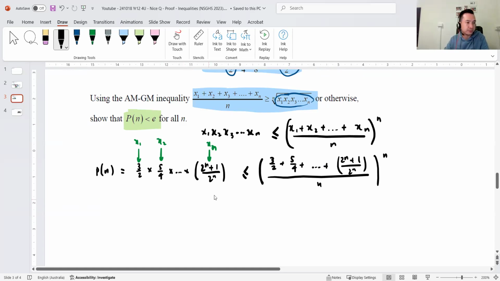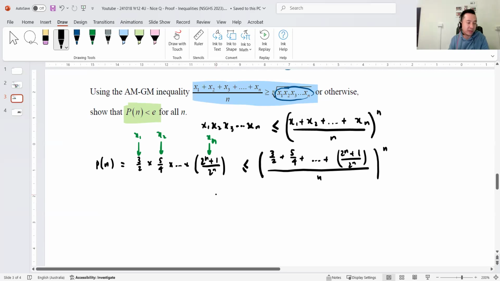All right. Now, once I get that, I am going to simplify this a bit. I'll take out the 1 on n. And then for each one of these, I'm going to do that pattern thing that I was talking about. So for the 3 on 2, I'm going to call that 1 plus 1 on 2.